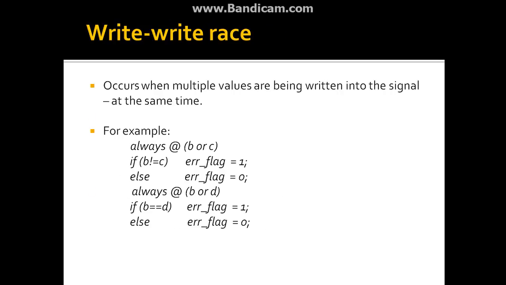Second is the write-write race condition. Write-write race occurs when multiple values are being written into a signal at the same time. Considering the following code segment, as we can see, as B changes, both the always blocks get triggered, and it is possible that in one of the always blocks, the error flag is supposed to take the value of 1, while in the other it is supposed to take the value of 0. The value that the flag finally takes will depend on the sequence in which these always blocks get triggered, and the one which triggers later will determine the final value.